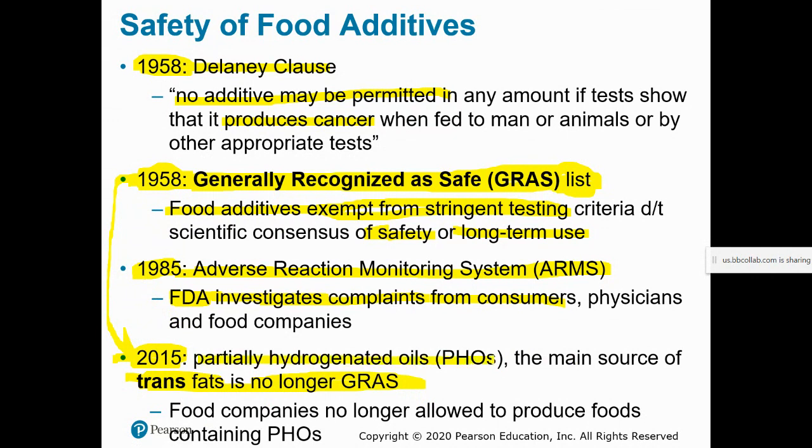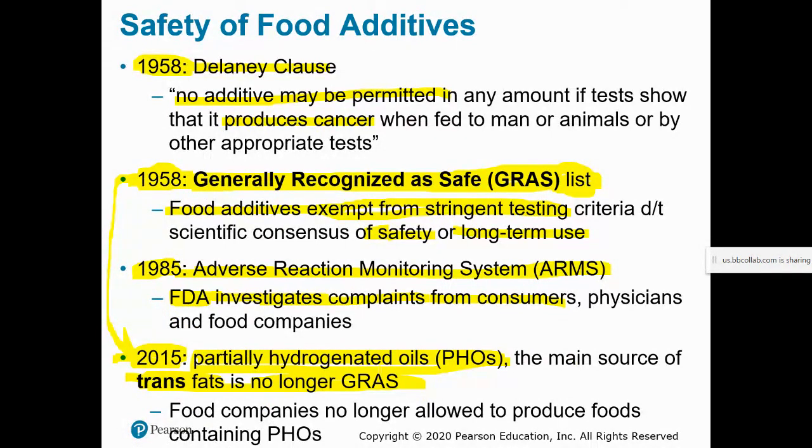And this is part of, if you remember in our lipids conversation, partially hydrogenated oils are trans fats. Remember that process of hydrogenation, sort of forcing hydrogens to bond with a cis-shaped double bond in a fatty acid chain. Forcing that hydrogenation changes the orientation of the double bond from cis, meaning same, to trans, meaning opposite.